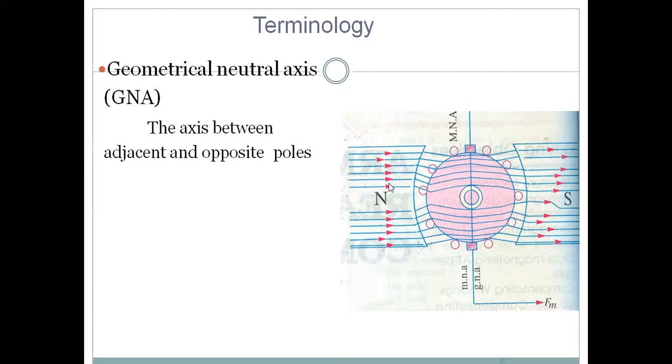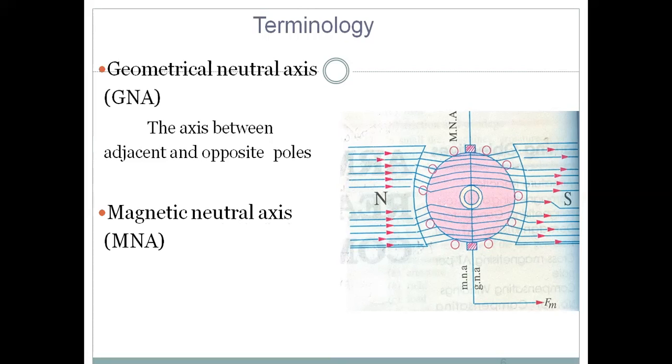If this is a north pole, the opposite pole is the south pole. Between these two poles, the axis is exactly midway. That axis is called the geometrical neutral axis.